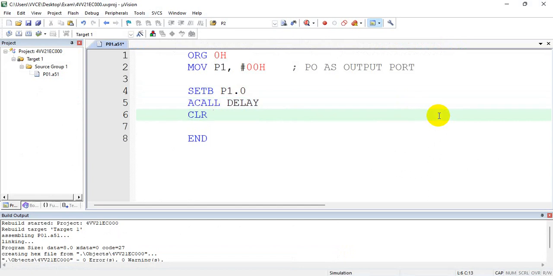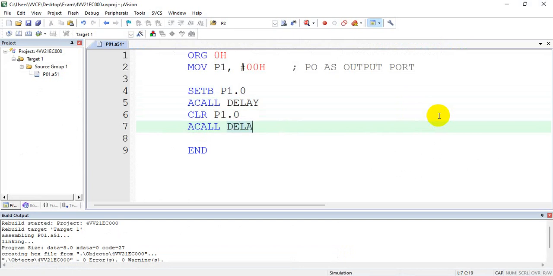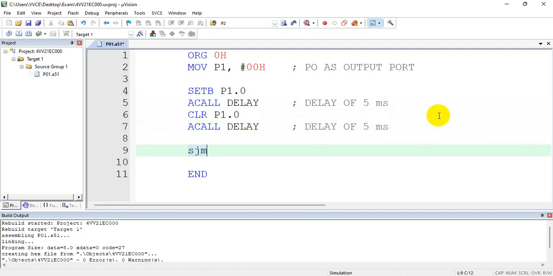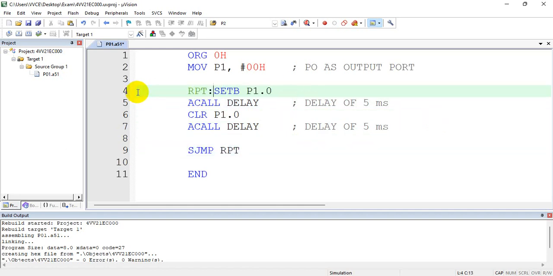Then I will say CLR P1.0, and I will again call delay. Delay of how much? Delay of 5 milliseconds, and here also delay of 5 milliseconds. And this I have to repeat, so I will say JMP repeat. So this is the repeat which will generate the required square wave.